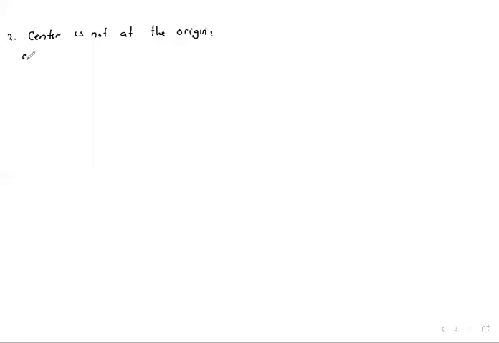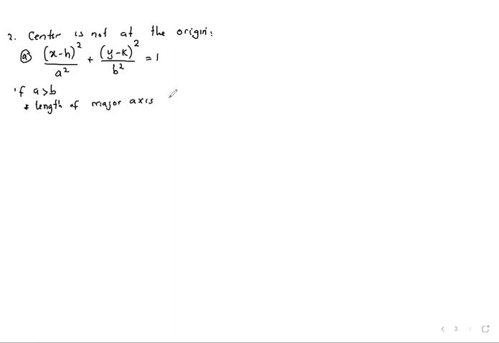So there we have part A. Now this is when you have x minus h squared over a squared plus y minus k squared over b squared is equal to 1. And a condition that a is greater than b, then what will follow? We'll have 1, the length of the major axis is 2a.